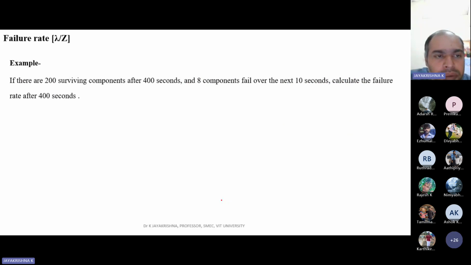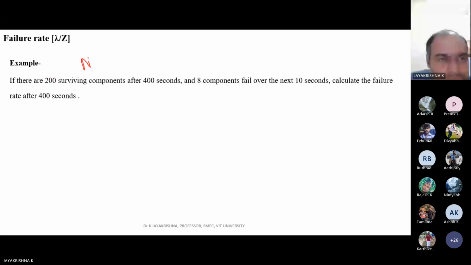So now I'm giving this to you. You have to solve this and give me the answer. Understand the question. If there are 200 surviving components, 200 surviving components means what?